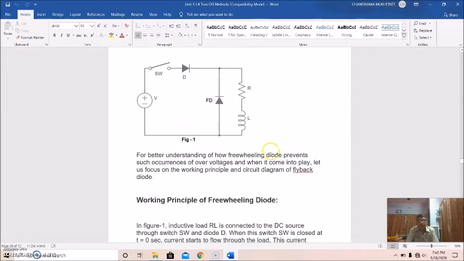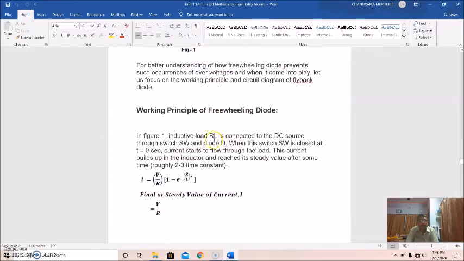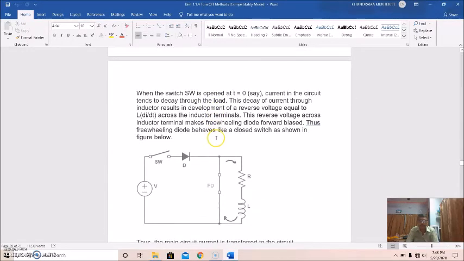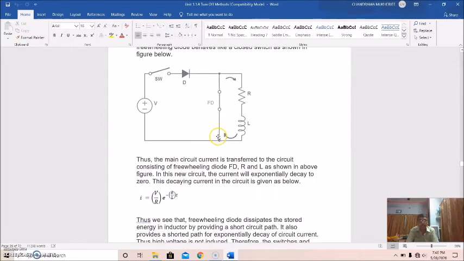This is how the stored energy of this inductor is freewheeled or flown back to protect this diode or the switch against the high voltage. So this is all about the freewheeling diode and its function.